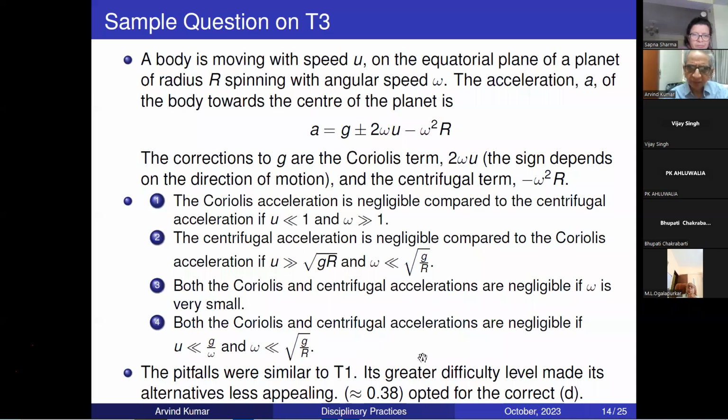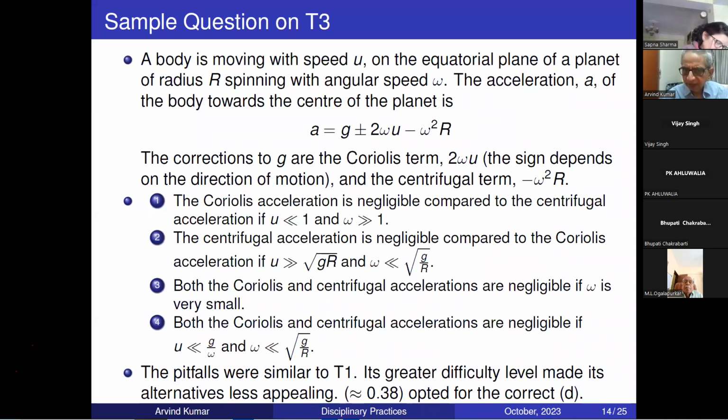The pitfalls were similar to T1. I must say this question's design is not very good, because we tried very hard, but we could not reduce its difficulty level. And when the difficulty level is not reduced, the results are not easily interpretable.